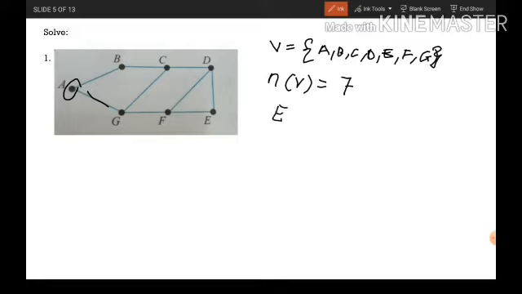Next, edges. Edges means a line that connects two vertices.